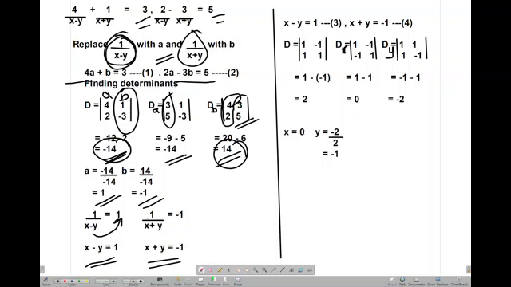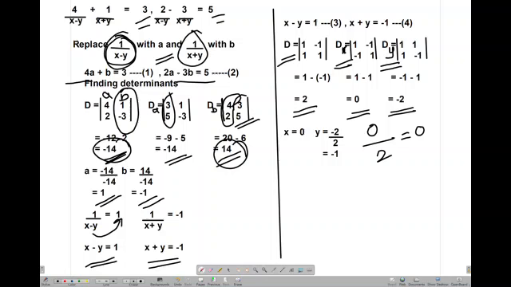So we can just repeat the process again, because these are again two more equations. We'll find the value of the determinant, which comes out to be 2. Similarly, we'll find the values of dx and dy. We get 0 and minus 2. So the value of x will be equal to dx, which is 0 divided by 2, which ultimately comes as 0.